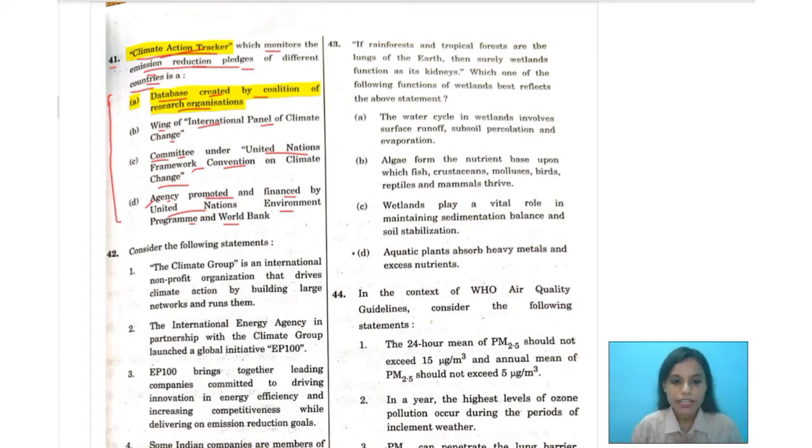It's a collaboration of 2 organizations, the Climate Analytics and the New Climate Institute. The Climate Action Tracker has been providing this independent analysis to policymakers since 2009.